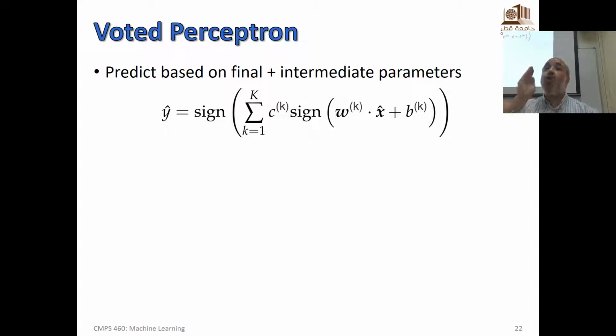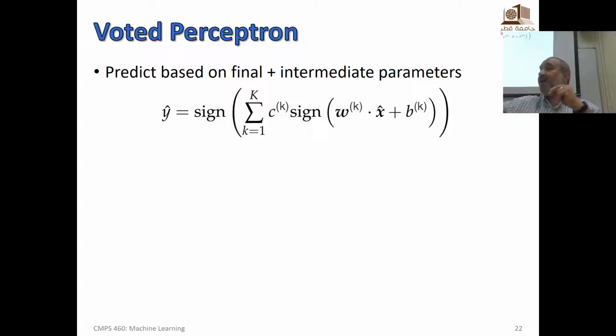We will actually store those models. What is the model that we want to store? That's just the weights and the bias, right? So whenever we have a new model, we store it: weight and bias, weight and bias, weight and bias. But with every model, we also store how good it is. How can we indicate how good the model is?